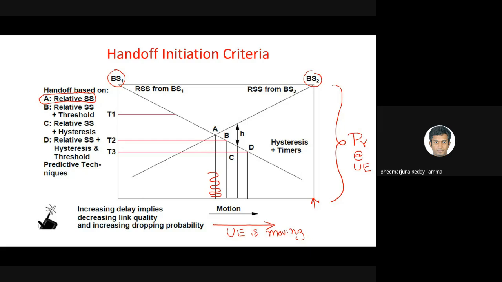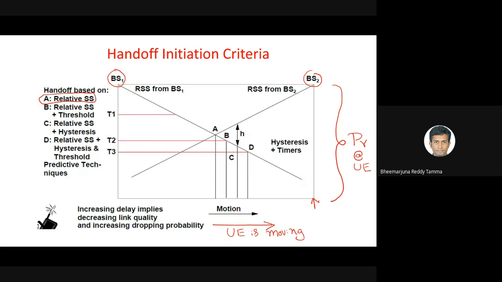The problem with that approach is that when the user is just strolling in this region, it leads to ping pong effects where the user equipment keeps moving between base station 1 and 2, causing a lot of signaling overhead. It could not only drain the battery power but also lead to poor data rates for the user. One of the solutions to address that is adding a certain threshold.